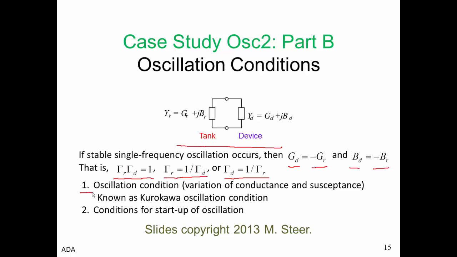This oscillation condition is known as the Kurokawa oscillation condition. And the second oscillation condition are the conditions that we require for startup of oscillation. And in both of these conditions we are talking about stable single frequency oscillation.